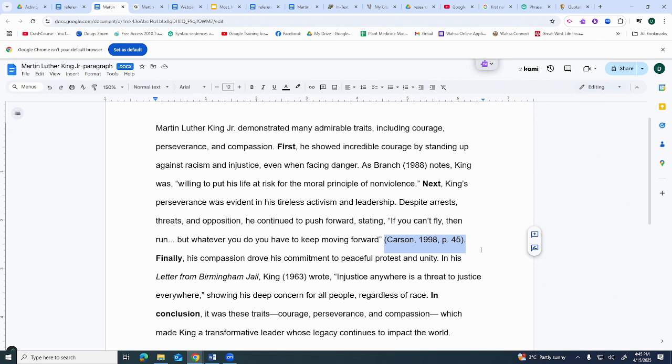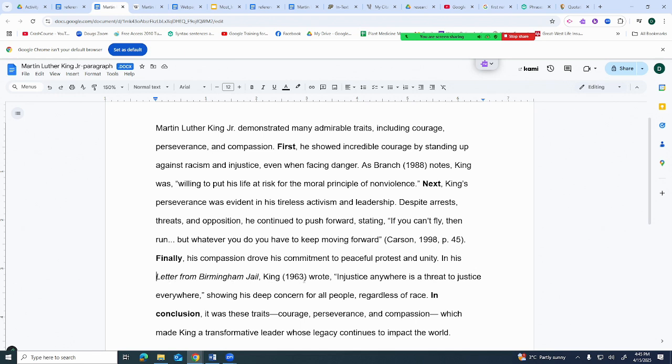Finally, his compassion drove his commitment to peace, protest, and unity in his letter to Birmingham jail. So this is the title of the item that we've sourced. In his letter to Birmingham jail, notice it's in italics.